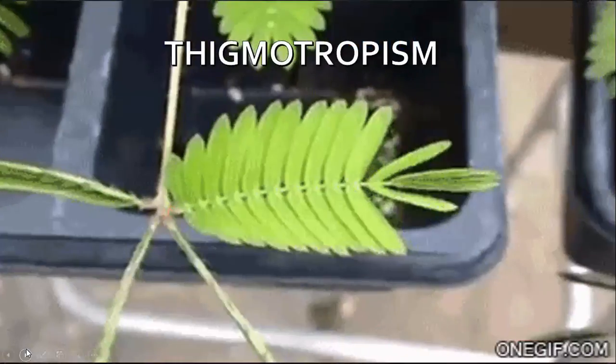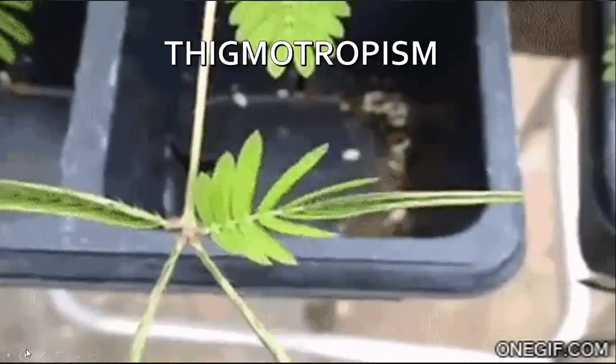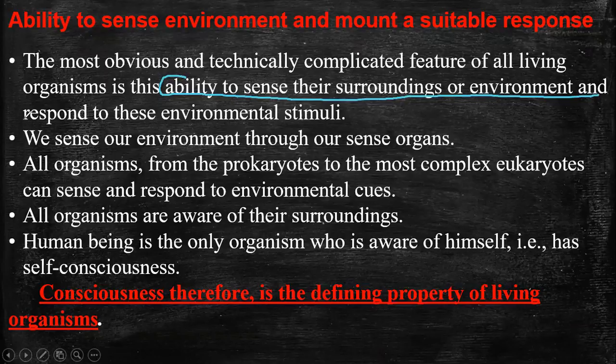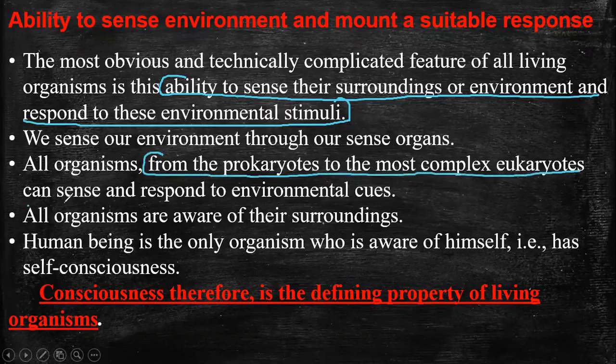Thigmotropism. Look, ability to sense and mount a suitable response. The most obvious and technically complicated feature of all living organisms is the ability to sense their surroundings or environment and to respond to these environmental stimuli. Living organisms, from the prokaryotes to the most complex eukaryotes, can sense and respond to environmental cues.